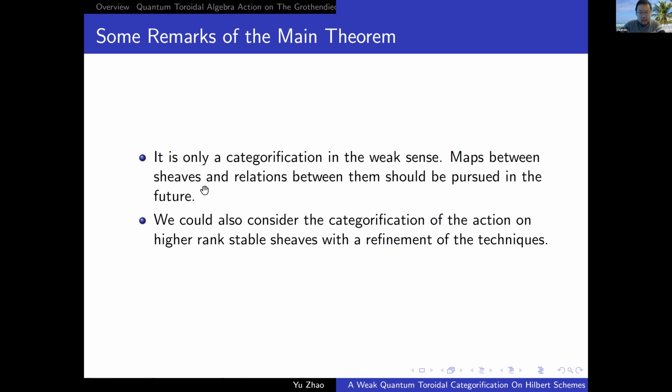And I just want to say one more word about why this question is interesting. For the higher rank case, we know that the quantum toroidal algebra action would factor through some W algebra action, a deformed W algebra action, and this gives a proof of the AGT conjecture.